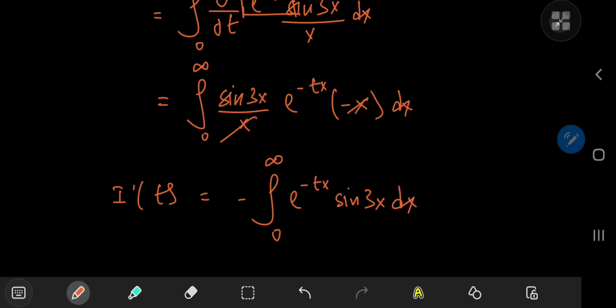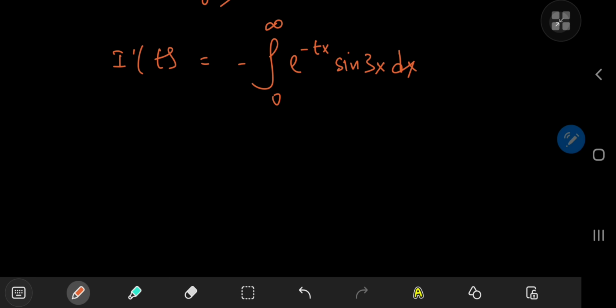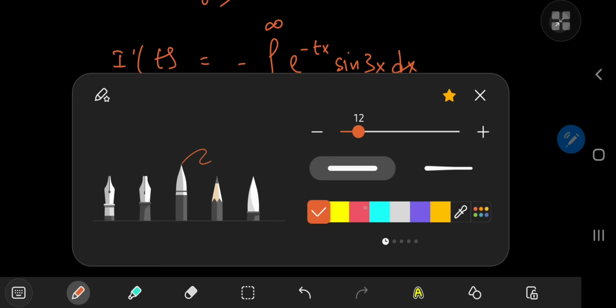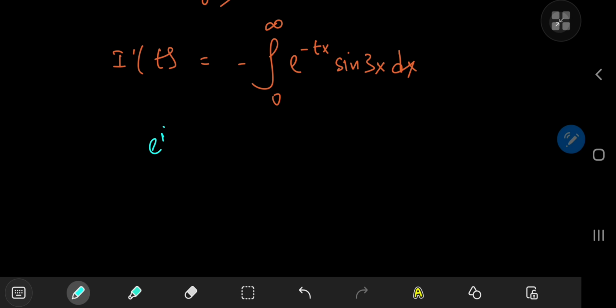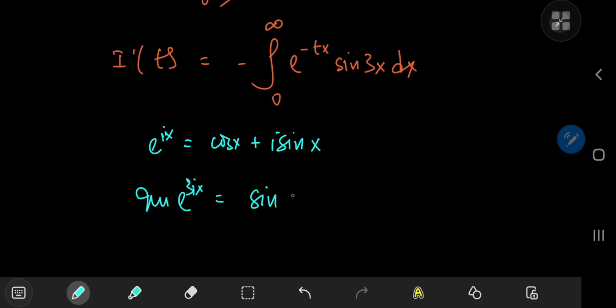And this can be evaluated pretty easily using either integration by parts, or you could invoke Euler's wonderful formula, which is, of course, something that I can't resist. So we know that e to the ix equals cosine x plus i times sine x, so all we have to do is replace x by 3x, and we see that the imaginary part of e to the 3ix equals the sine of 3x, right?